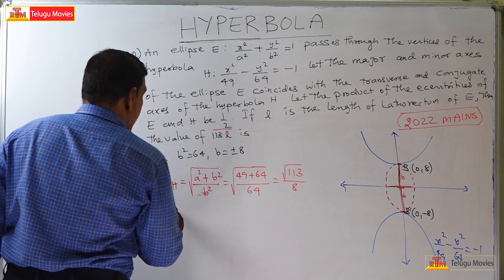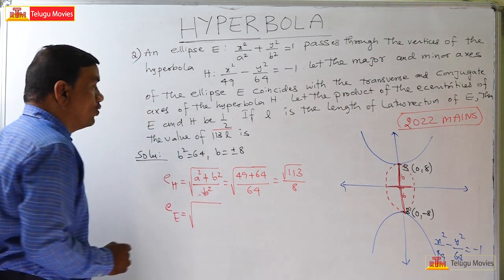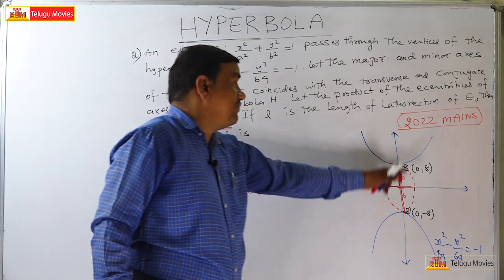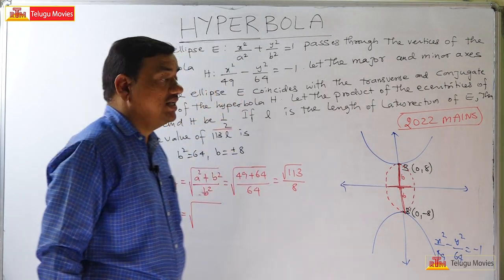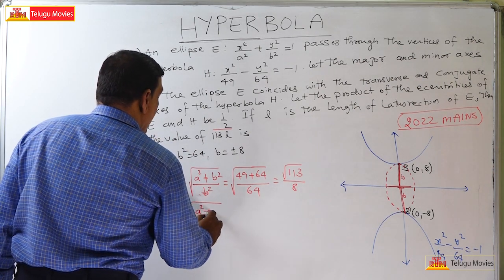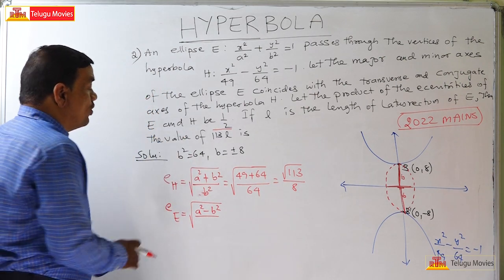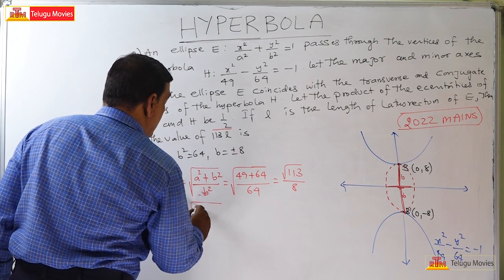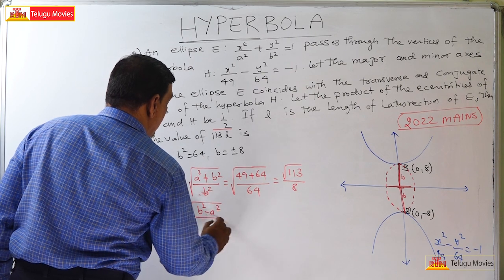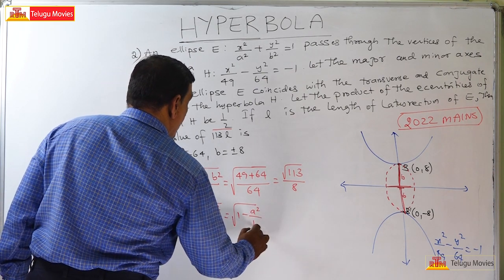Now what is the eccentricity of the ellipse? So this ellipse eccentricity is given by root of, see this is a vertical ellipse. So this is given by the formula root of a square minus b square by, so this b is more, no, so therefore it is given as b square minus a square by b square. So this is root of 1 minus a square by b square.